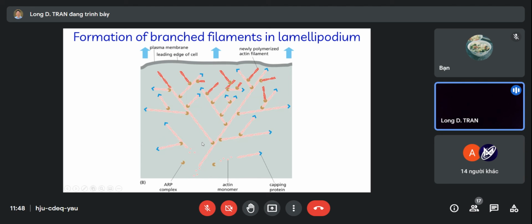And after some time, when the ATP is hydrolyzed into ADP, then cofilin can bind to ADP F-actin and dissociate the G-actin from the F-actin, and those G-actin would be transported toward the leading edge and involved in the formation of new actin.